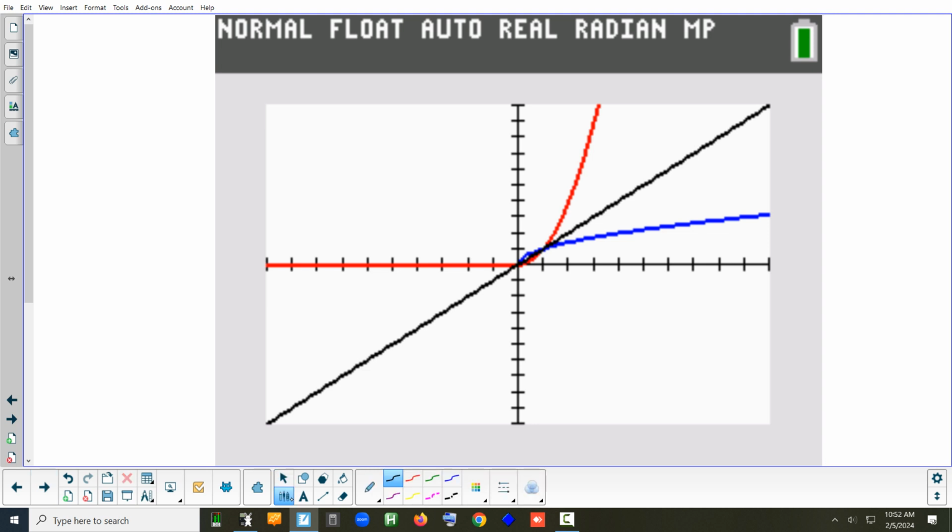If you look at the graph in red, and remember, this part shouldn't be here, just the way the calculator does it, so just ignore that. Does it pass the horizontal line test? Yes. If I had drawn the whole parabola, would that pass the horizontal line test? No, it would fail it, because a horizontal line could hit the graph twice. And that would mean that x squared doesn't have an inverse. For something to have an inverse, it has to pass the horizontal line test.